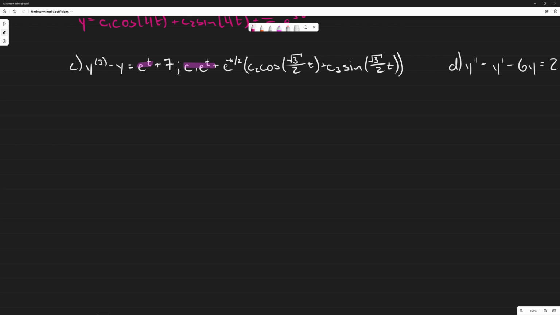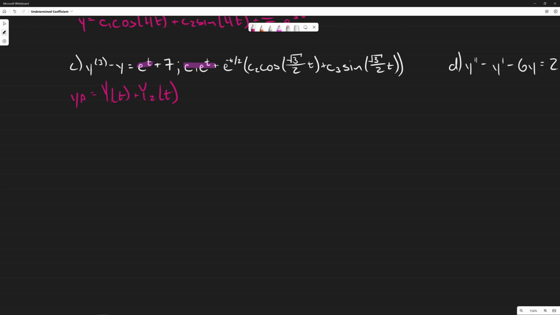Our second rule is we multiply by t to the s, where s is the minimum non-negative integer that fixes the overlap. And here's the other part: you don't have to multiply it by everything. We can separate our particular solution into two different types of functions, big Y1 times big Y2.